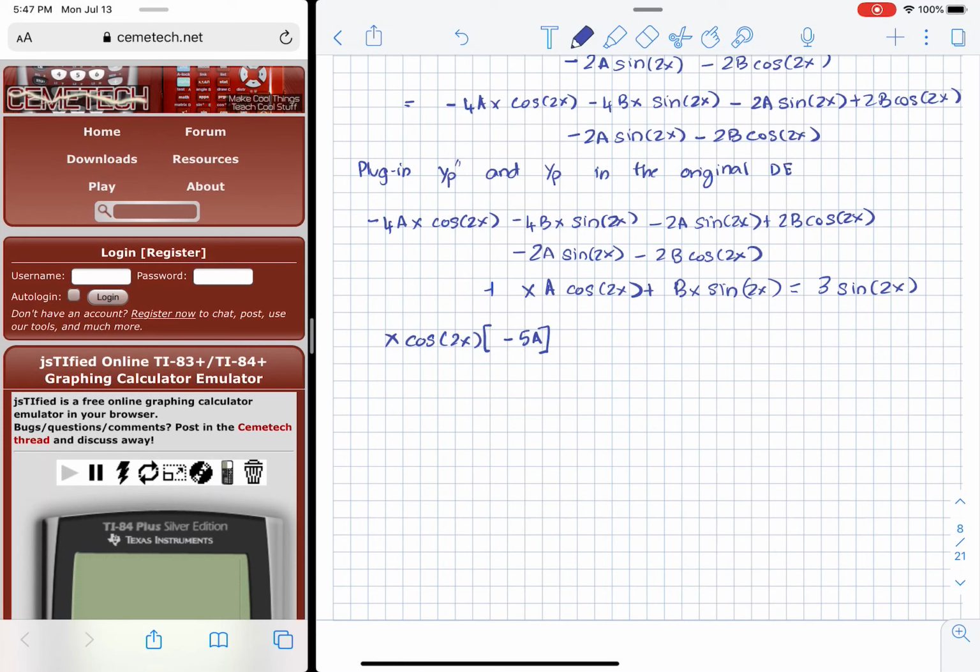And over here, x sine 2x would give us minus 4b plus b. The sine 2x terms, we have minus 2a, minus 2a. The cosine 2x terms simply disappear, so we'd end up having that equal to 3 sine 2x.